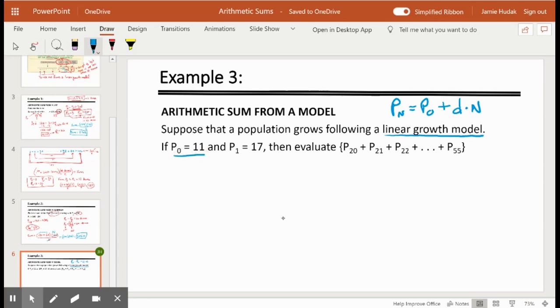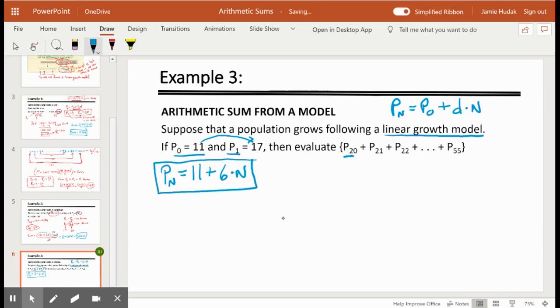We know that P0 is 11, so I can update my formula: Pn is equal to 11 plus, from P0 to P1, that difference is 6. So my common difference is 6 times n. So I have my formula now.